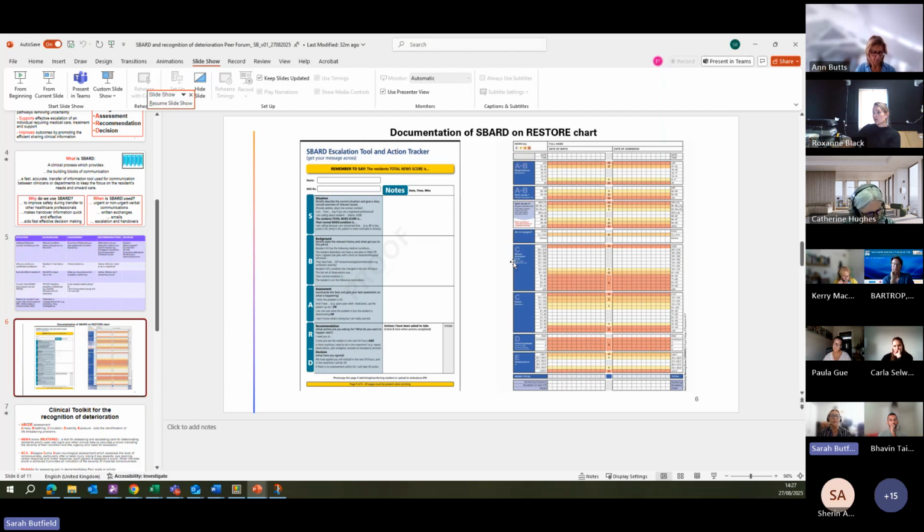I don't know what everybody uses, but in the home where I am the registered manager, we use the Restore chart, and there is the SBARs escalation tool as one of the pages in there. We use this as a training resource for our staff to make sure that they are familiar with the process, what information to gather, and it also gives them the prompts.